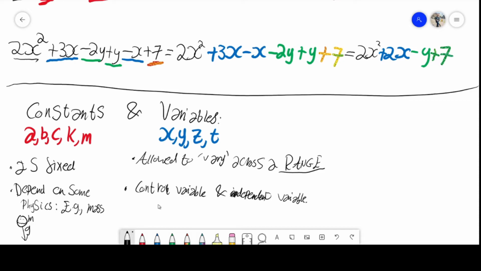So your control variable is the one that you're varying, and in this case it will be the magnetic field strength H, and the thing that you're wanting to measure, which is your dependent variable in the experiment, will be the current I, and you're wanting to see how the current I depends on the thing that you're controlling, H.